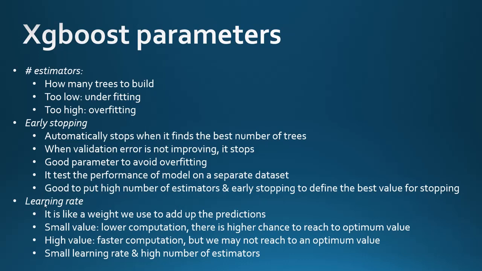If we put a high value, we are going to have faster computation, but we may not reach the optimum value. So putting a small learning rate, a high number of estimators, and using early stopping is most of the time the best strategy for XGBoost parameters.